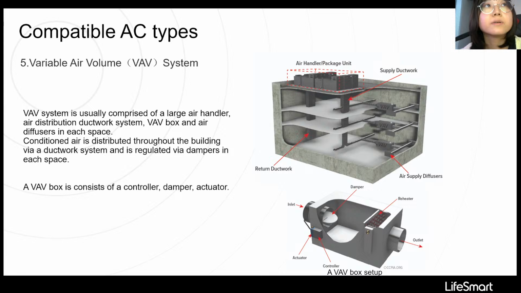The fifth step, variable air volume system, VAV system for short. Actually, many HVAC products are being introduced to improve system performance and energy efficiency.